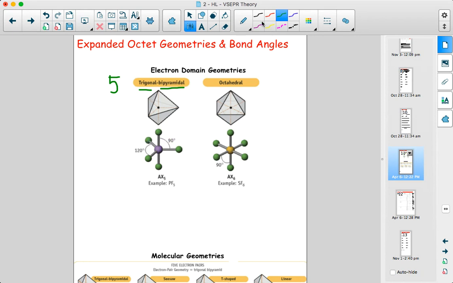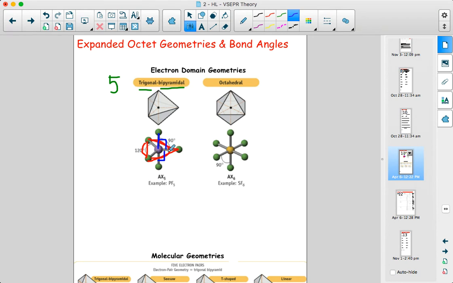If you look at this shape here, you end up with what looks like a trigonal plane, basically a triangle base in the center, where all the bond angles are 120 degrees around those 3 atoms across the middle plane. And then you have one atom that goes straight up, and another one that goes straight down. For these ones, they are 90 degrees off of that trigonal plane.